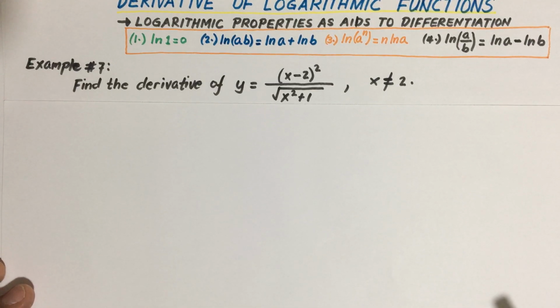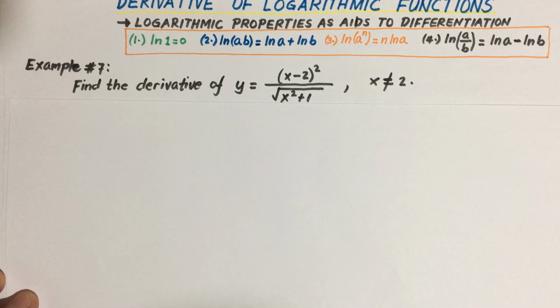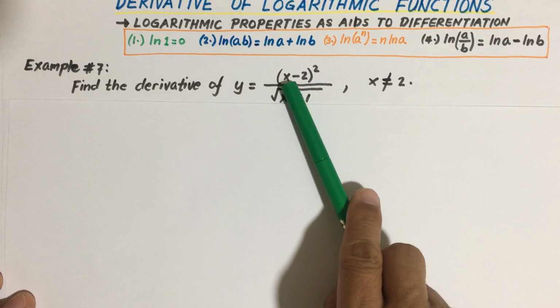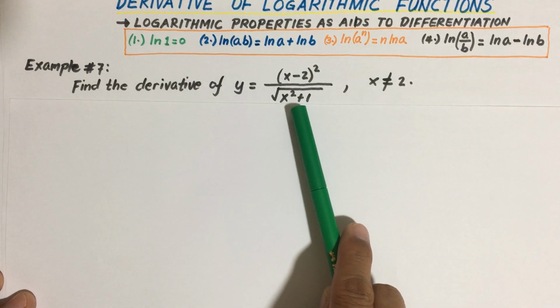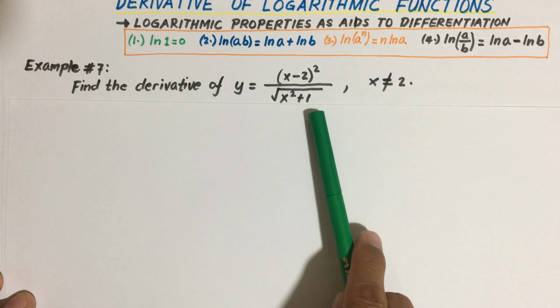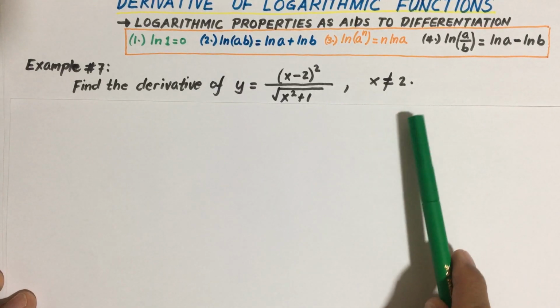Okay, so we're given here example number 7. Find the derivative of y, where y equal to x minus 2 squared divided by the square root of x squared plus 1, where x is not equal to 2.